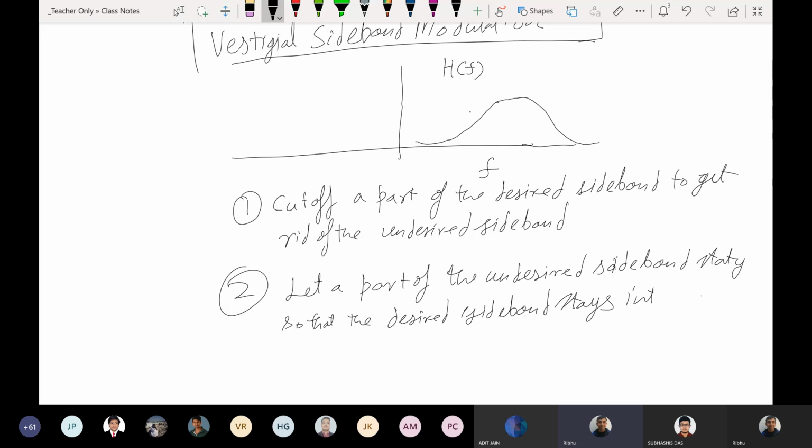So because of the absence of exact brick wall filters, I am given these two choices for generating single sideband signals.